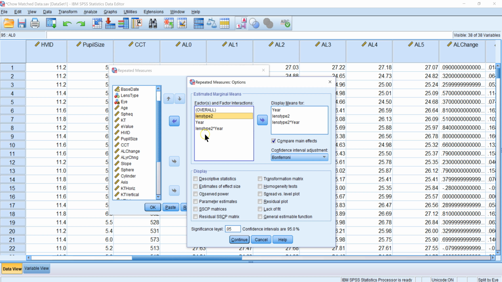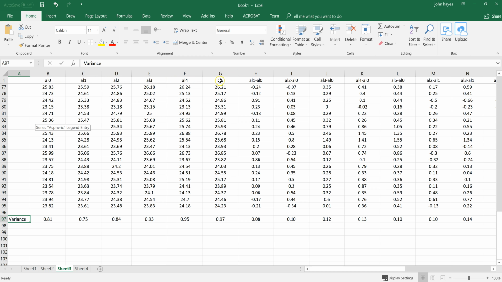Maybe I'll take a moment and just explain sphericity a little bit. So we have 6 axial lengths. We have AL0, 1, 2, 3, 4, 5 years. Now what sphericity says, remember when we do just regular analysis of variance, we're saying that one of the assumptions is homogeneity of variance. That is, the variances are equal across groups.